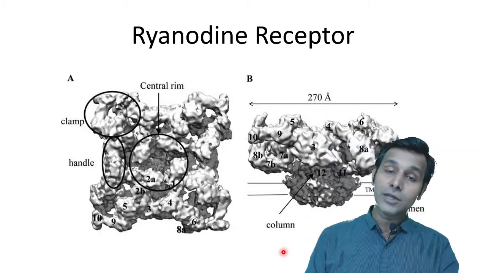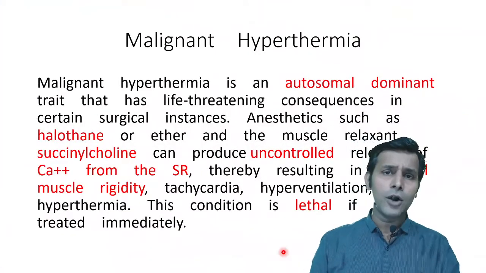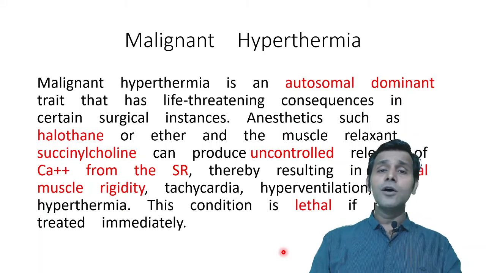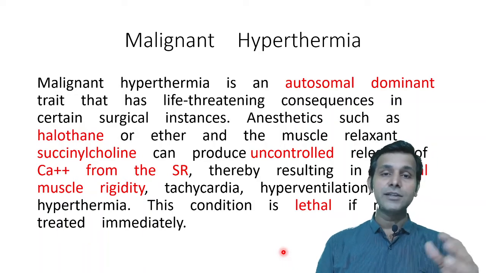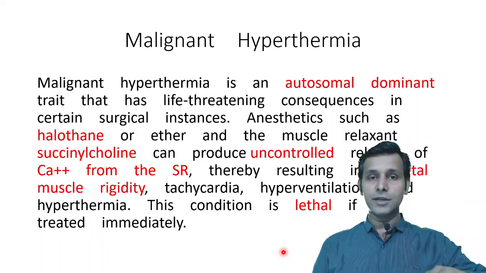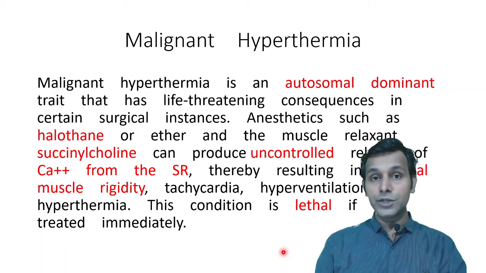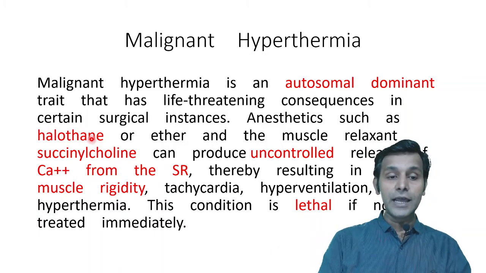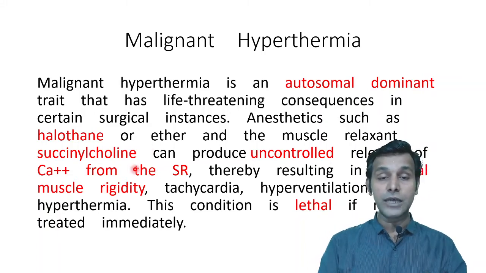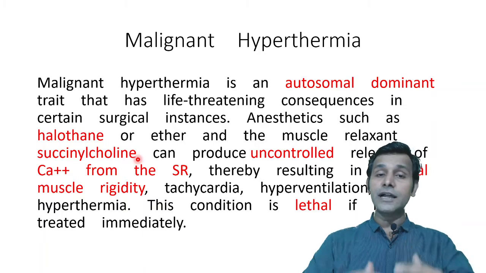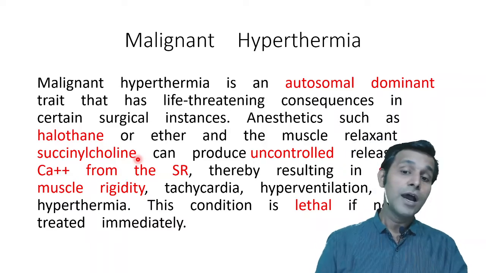One of the very important pathologies associated with the ryanodine receptor is malignant hyperthermia. It is an autosomal dominant disorder, which is because of mutations in the ryanodine receptor or because of calcium homeostasis. Remember, calcium homeostasis means calcium is released from RYR and taken back into the SERCA. In malignant hyperthermia, the ryanodine receptor is mutated, and under the effect of certain drugs like halothane or succinylcholine, it causes excessive release of calcium ions from the sarcoplasmic reticulum, which causes increased calcium in the cytoplasm, leading to excessive muscle rigidity, tachycardia or some sort of hyperventilation.